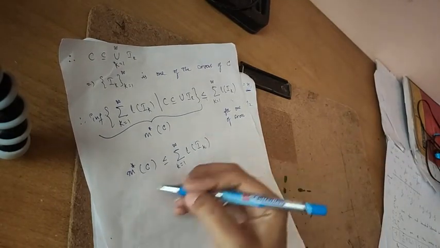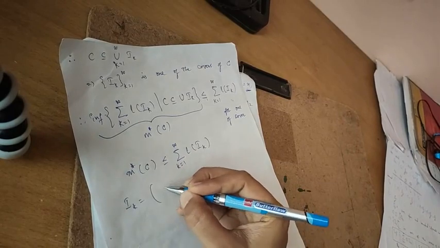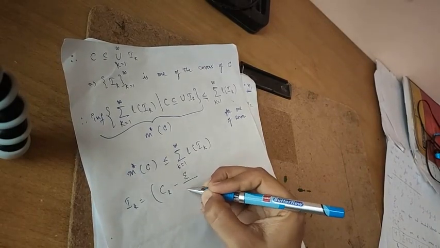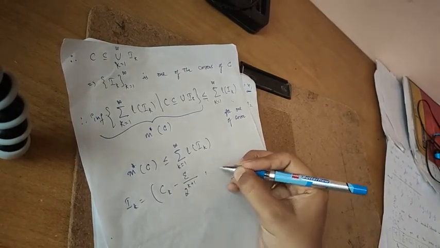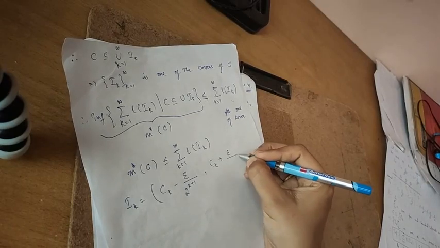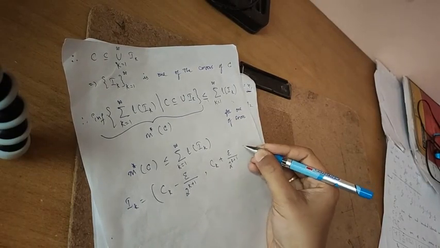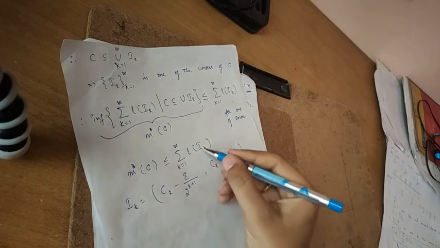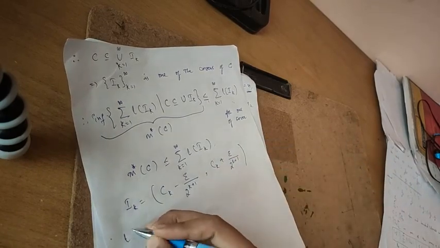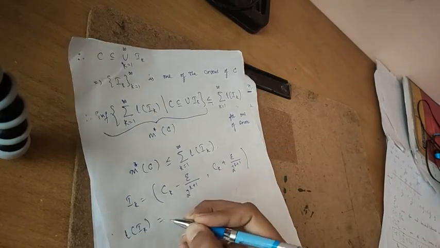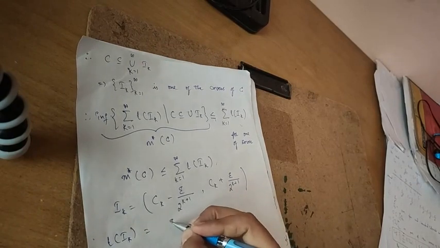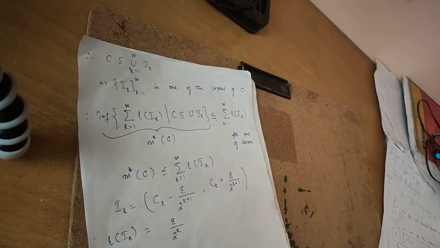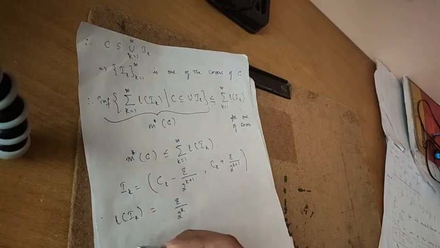Since I know what Ik is, Ik is nothing but (ck minus epsilon by 2 power k plus 1, ck plus epsilon by 2 power k plus 1), I can find the length of Ik. So the length of Ik will be epsilon by 2 power k. Correct?